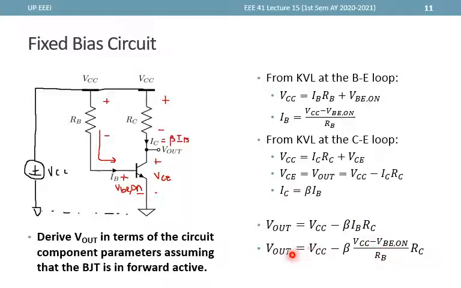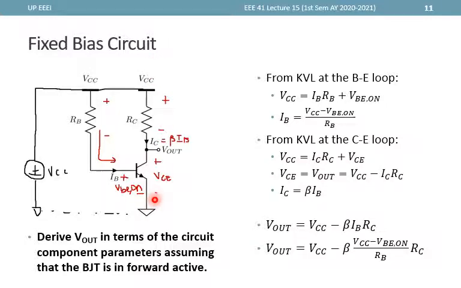Now with this, knowing the supply voltage and the beta and VBE on, we can design RC and RB to put V out at a specific voltage level that we want, which is most of the time around the middle of the supply range.